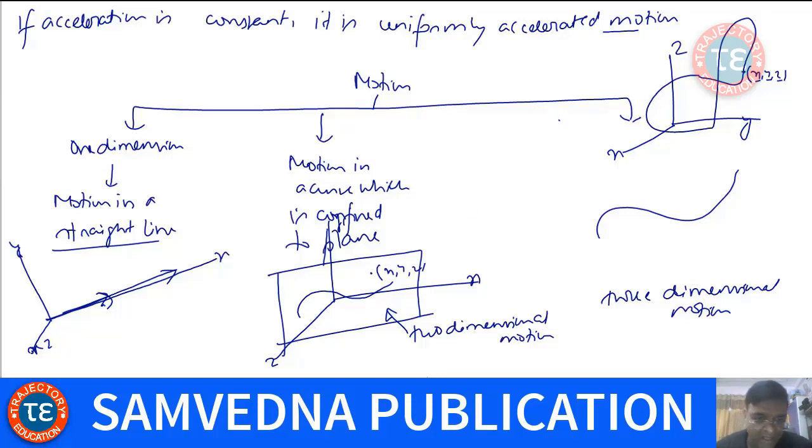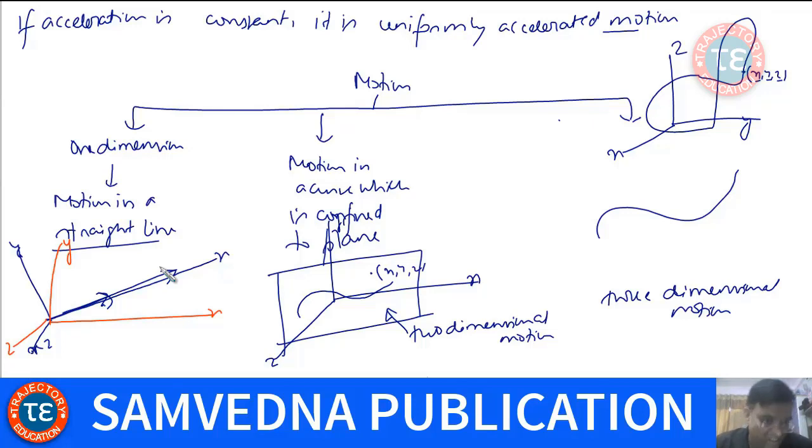Moreover, somebody can say that I'll take my coordinate system like this, and then here all the three coordinates are changing with time, right? But it's not a three-dimensional motion, even if we take this coordinate system.